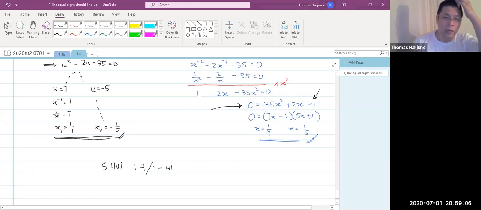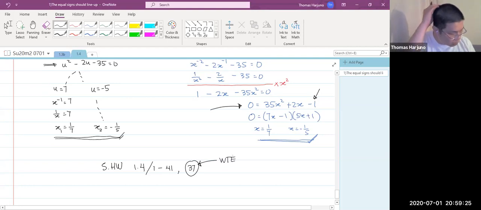But after you're done with those, focus on number 37. I should say that number 37 is a WTE, what the equation. The solution is so ugly that you don't expect that to be your solution.